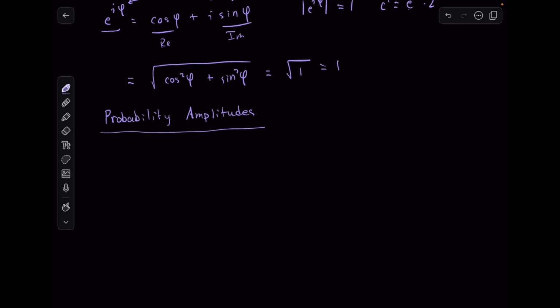It's these probability amplitudes. And of course you can tell there's some relation to everyday probabilities, but as you'll see in the following videos, these act quite strangely in quantum mechanics.